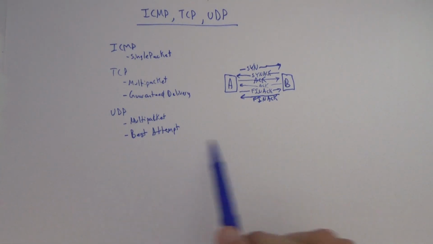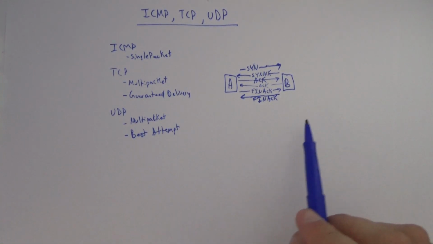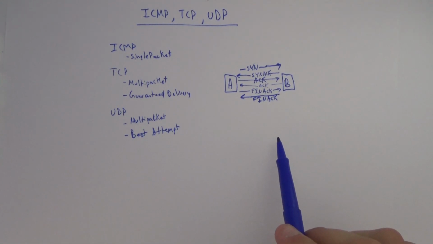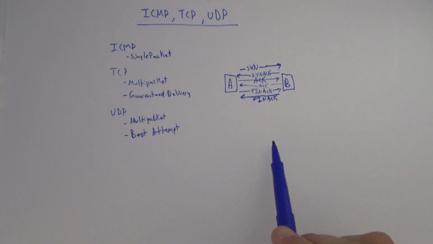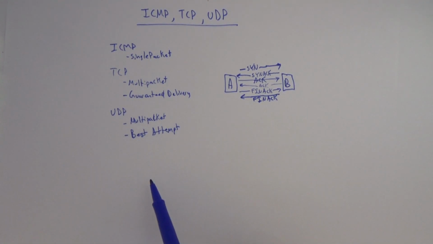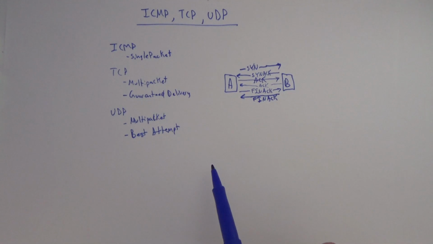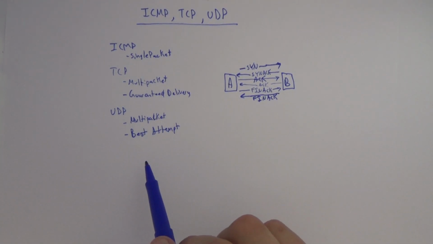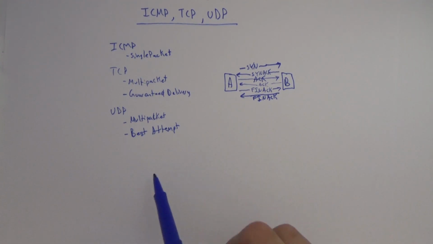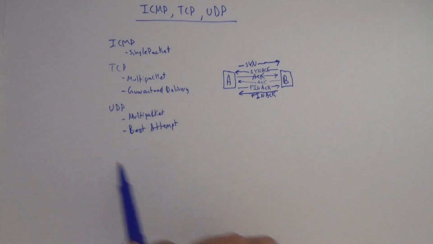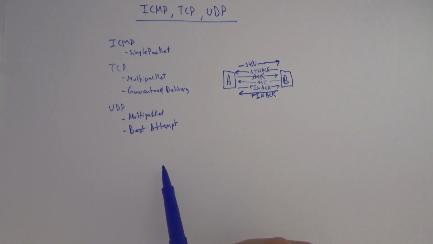Now it's true in a UDP stream, if we get out of sync or if B starts to realize, hey, I'm not getting the information that I thought I was going to get, I can ask to restart the UDP stream at a particular point, and UDP will restart back at that point to keep giving me information in order. But this best attempt delivery is all about sending a lot of information very quickly, as long as we don't care if it all shows up on time. So streaming media is a huge example of UDP.